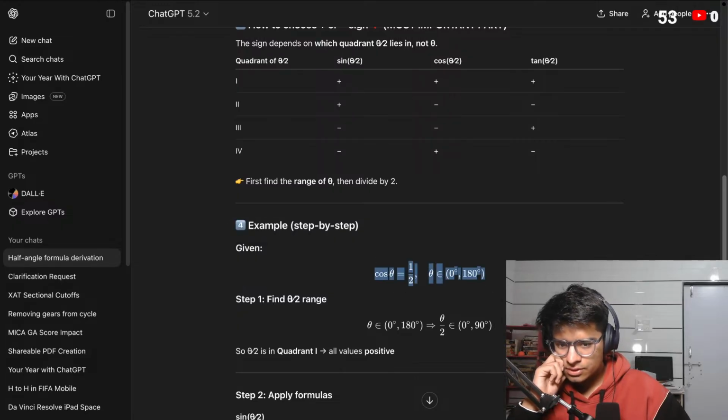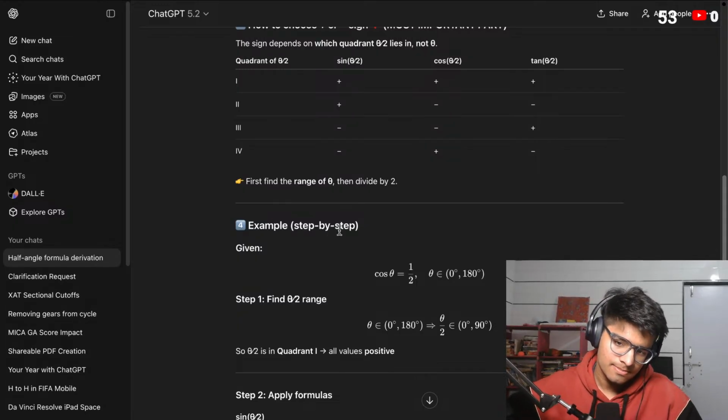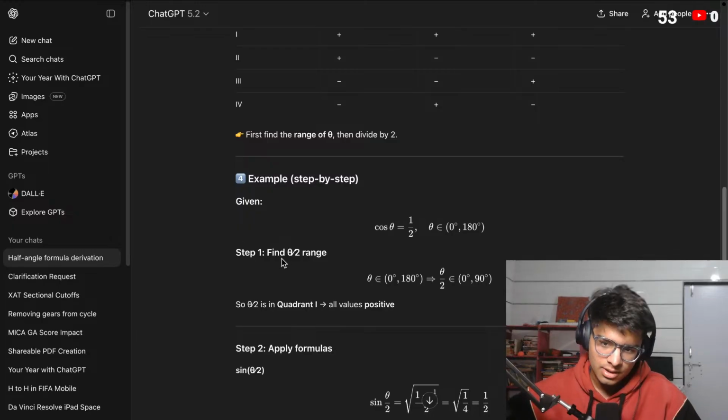Cos theta is equal to 1 by 2. Cos theta is side adjacent upon hypotenuse. Step 1, find the theta by 2 range. Theta can be 0 to 180, so theta by 2 will be 0 to 90.